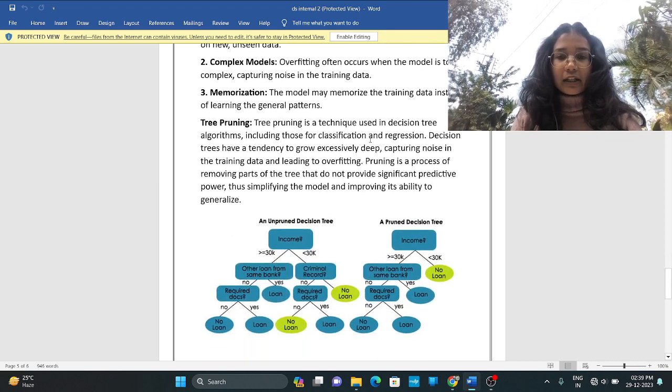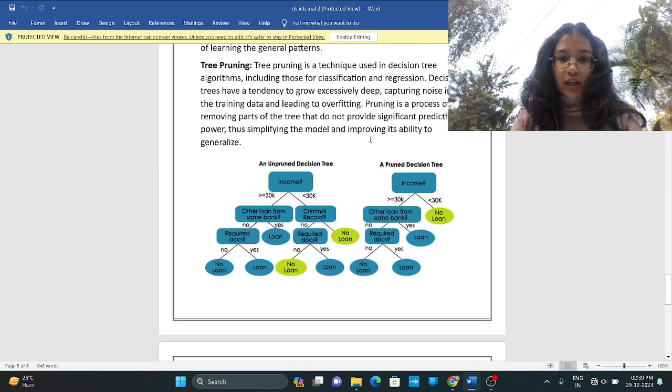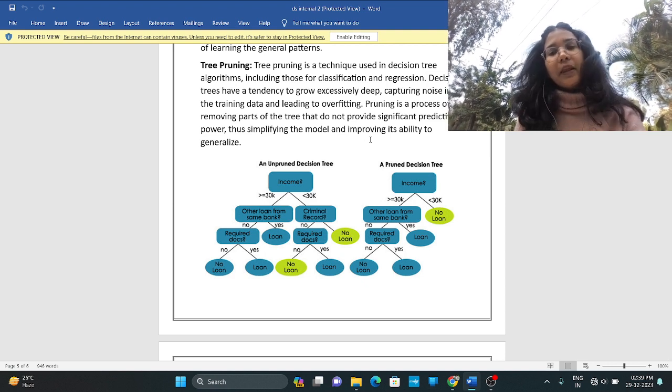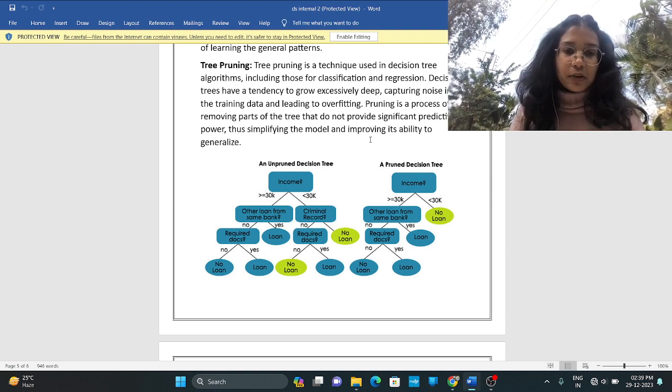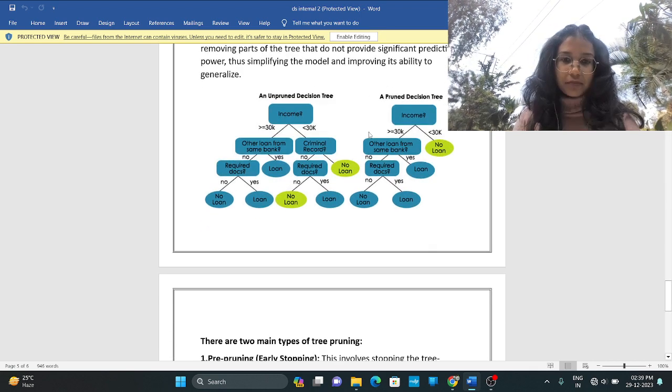Tree pruning is a technique used in decision tree algorithms, including those for classification and regression. Decision trees have a tendency to grow excessively deep, capturing noise in the training data and leading to overfitting. Pruning is the process of removing parts of the tree that do not provide significant predictive power, thus simplifying the model and improving its ability to generalize.